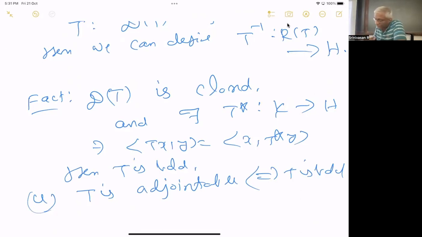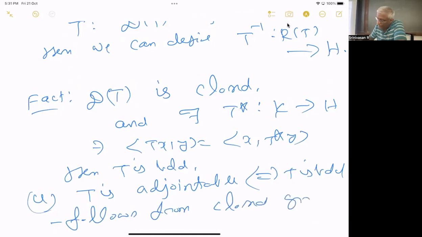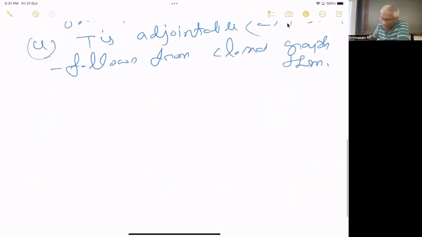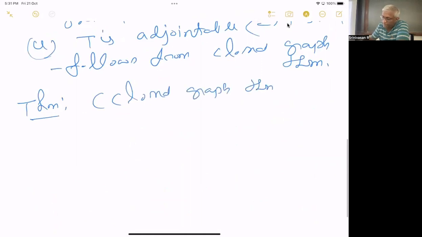I'm not proving this. This follows from the closed graph theorem. Anyway, I will state what the closed graph theorem is, which also I'm not proving. Closed graph theorem.